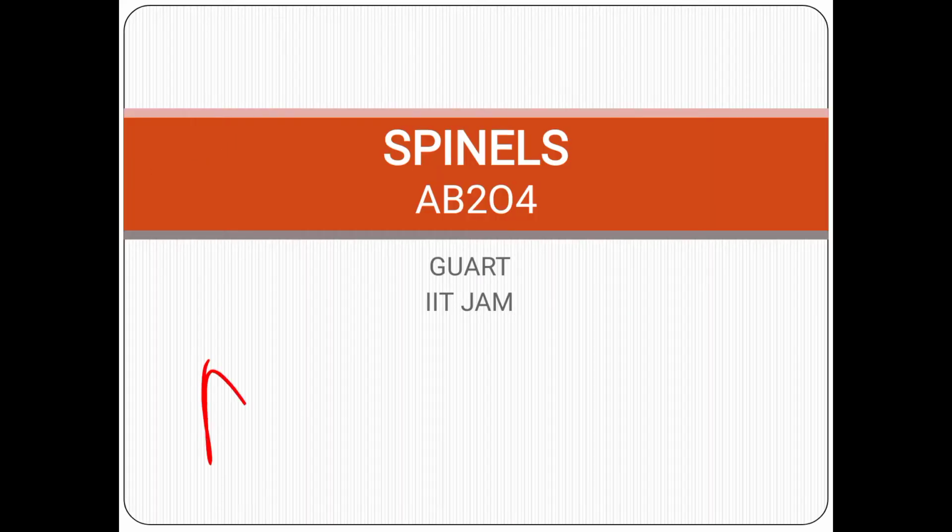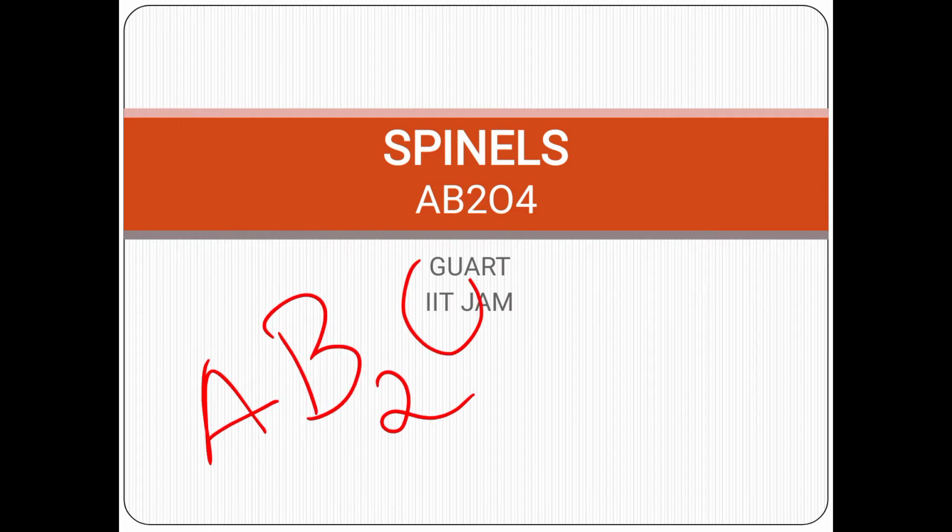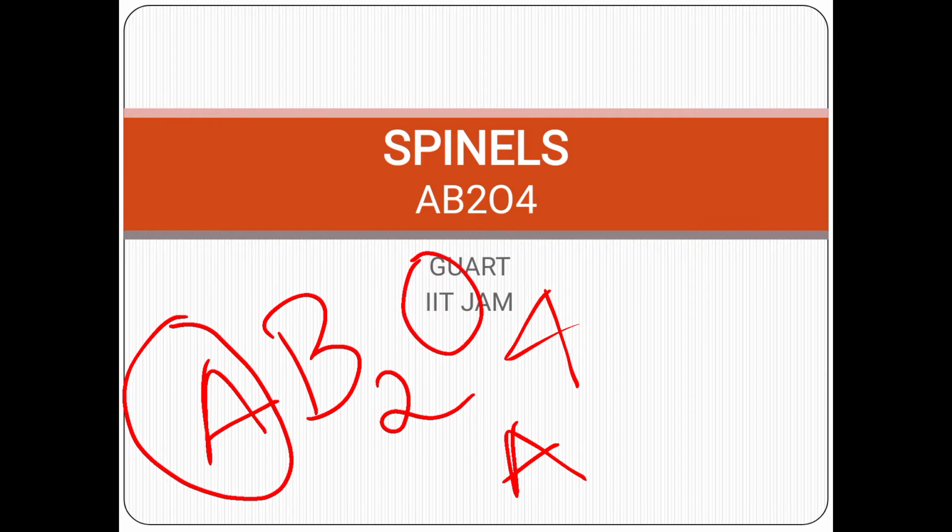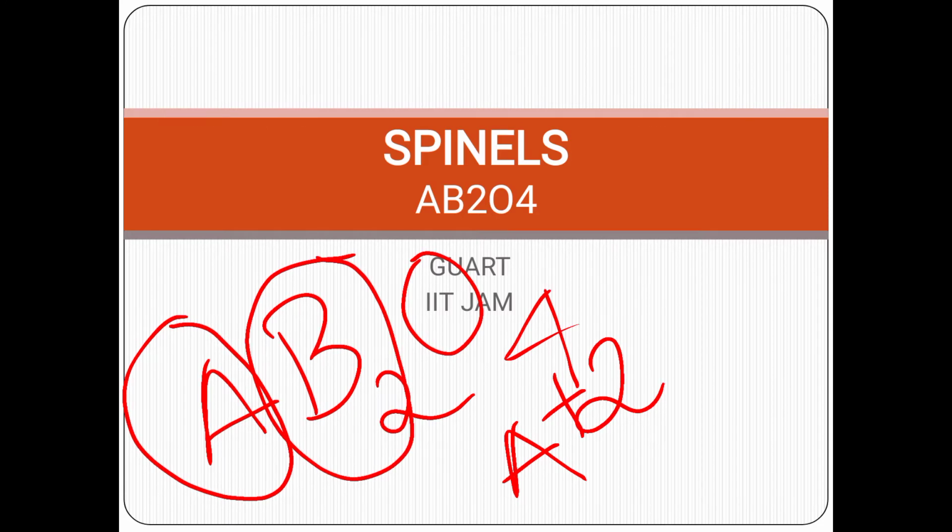A spinel structure is represented as AB2O4, right? Wherein the atom in the A position carries a +2 charge, whereas the atom in the B position carries a +3 charge, and this is your oxide ions.